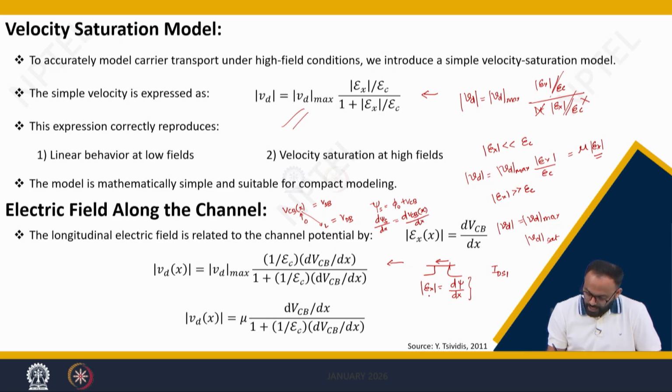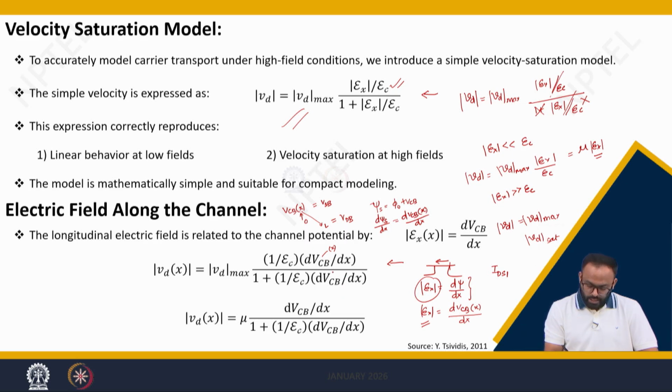Now my electric field Ex can be written as dVcb, a function of x, by dx. I will put this Ex value in this equation and get Vd max into 1 over Ec into dVcb by dx, obviously a function of x, divided by 1 plus 1 over Ec into dVcb by dx.